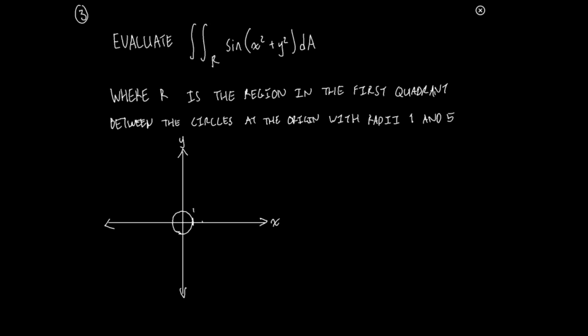And then 2, 3, 4, 5, right? We have a bigger circle that comes out, all the way to here. The circle is probably going to look terrible, but whatever, you get it.